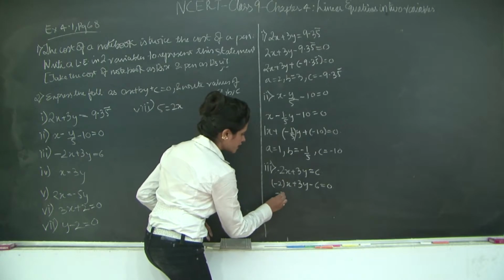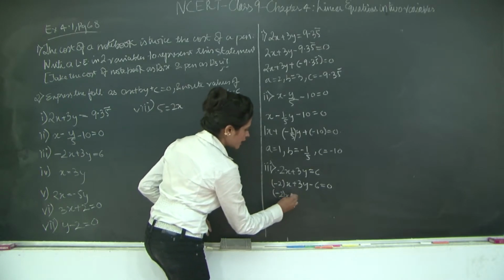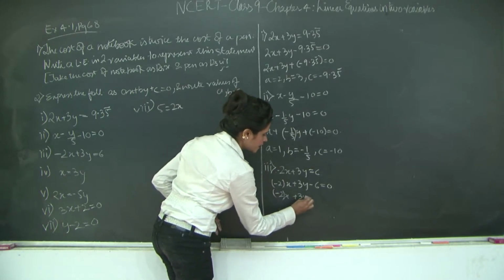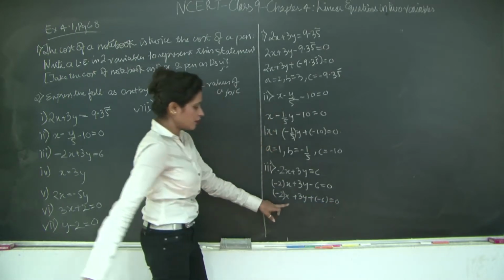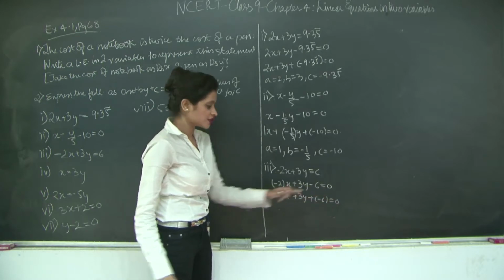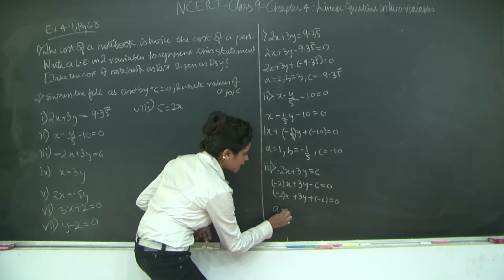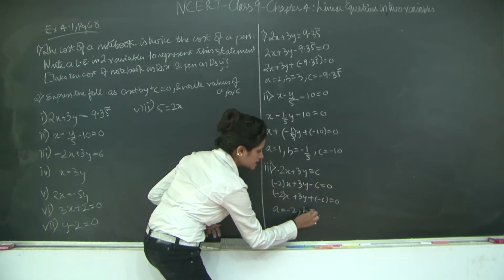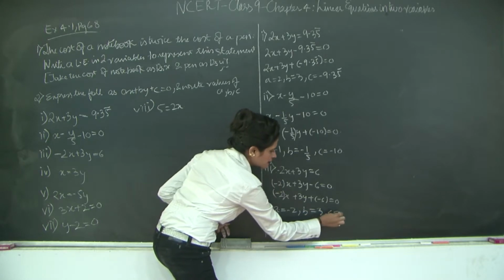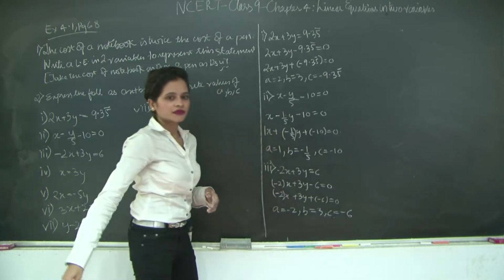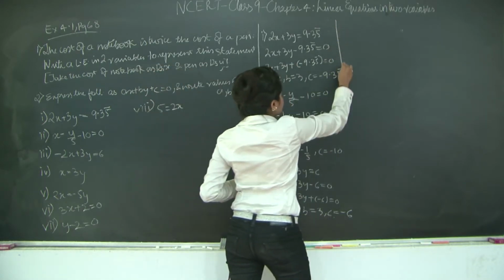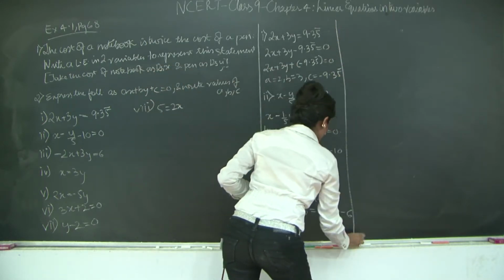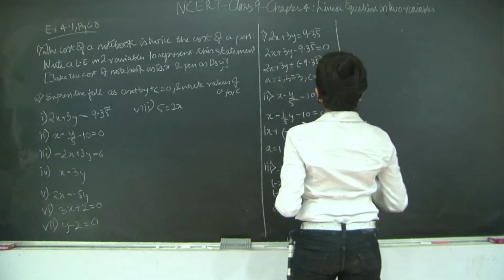So I will just rewrite our equation. So minus 2 in bracket x plus 3y plus of minus 6 is equal to 0. So now it is in the form of ax plus by plus c is equal to 0. Therefore, I have a as minus 2, b as 3 and c as minus 6. Simple. Let's proceed with the other sums. So the fourth one, x is equal to 3y.